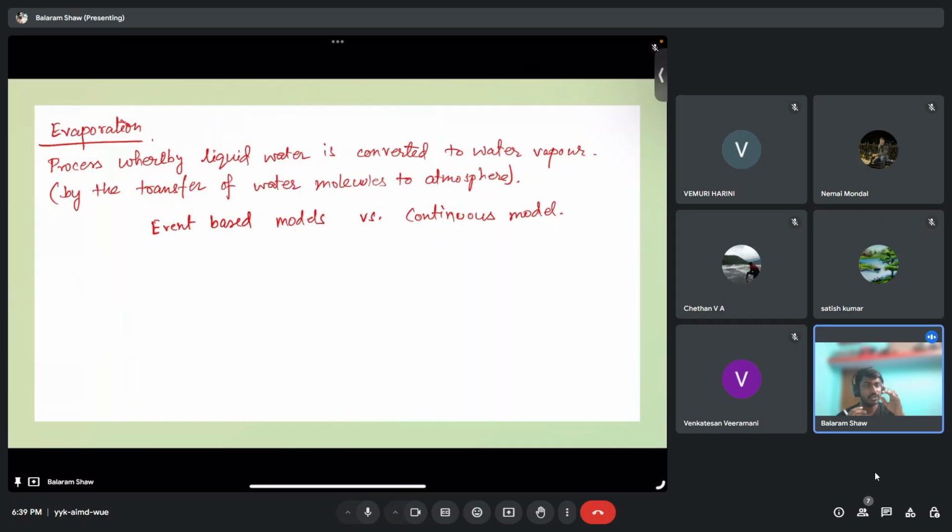So now coming to factors that affect the evaporation. This is very important because if we are understanding any process, we should know which factors can influence that component. Whenever we are modeling, let's say we want to estimate the value of evaporation with all the physics involved, we should know which factors are influencing my component.